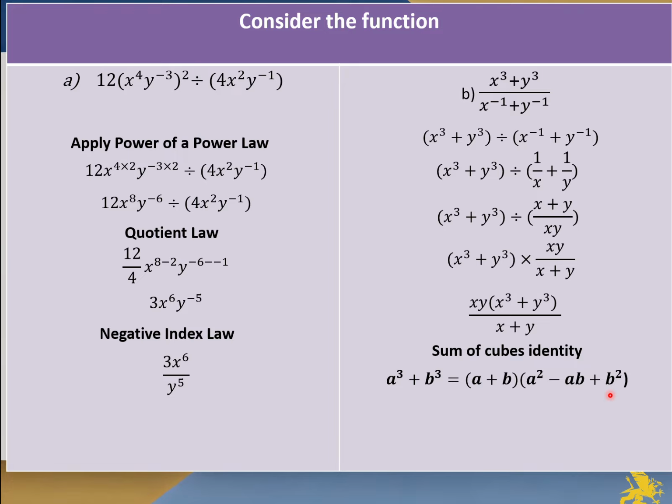So I'm going to apply that, but instead of a, I'm saying x, and instead of b, I'm saying y. Straight away, I can see that we are multiplying the top by x plus y and dividing the bottom by x plus y, which means I can cancel that part out. And that gives me x squared minus xy plus y squared.